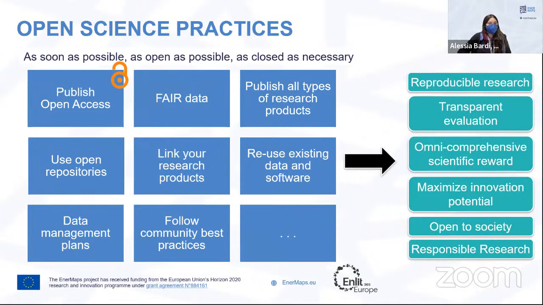But at the same time, open science also pushes to maximize the innovation potential and the impact to society of the research. So on the left of this slide, you can see some of the main open science practices.